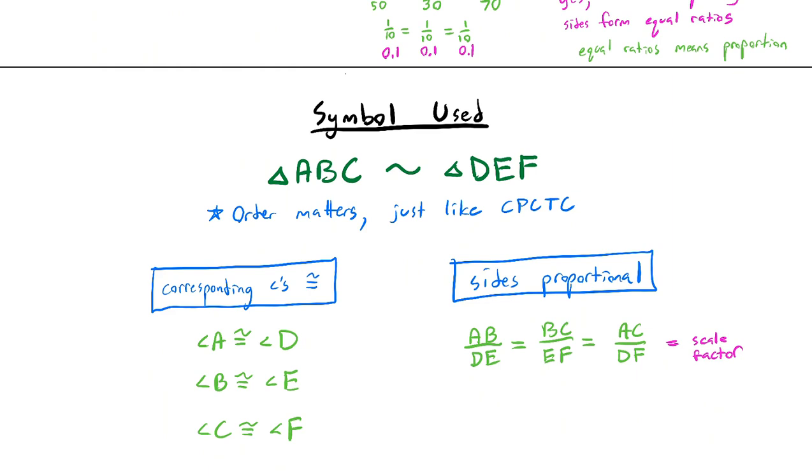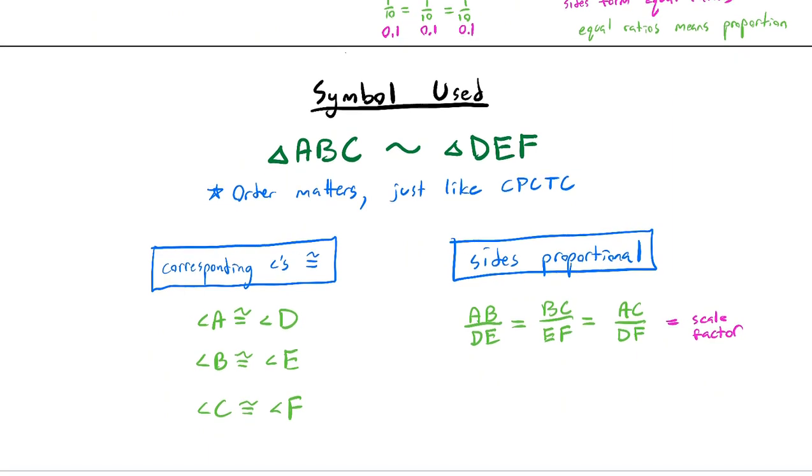Anyways, order matters in similarity. So if we say triangle ABC is similar to triangle DEF, just like with CPCTC, I know that A and D correspond, so those angles are congruent. B and E correspond, those angles are congruent. C and F. Remember, corresponding angles are congruent, okay? Then the sides are proportional, so the ratio of corresponding sides are the same.